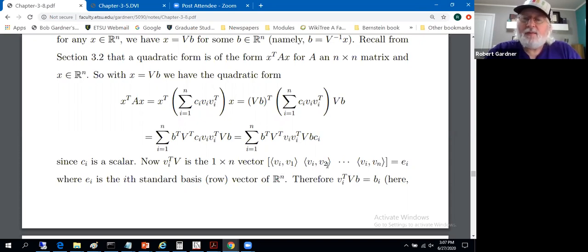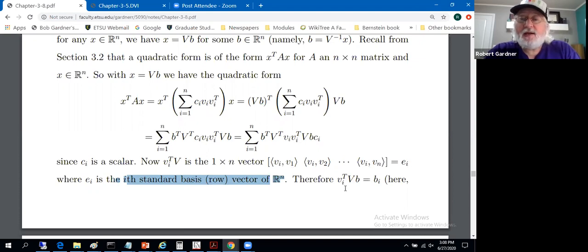So this will be 0, 0, 0, and the ith entry will give out a 1, 0, 0, 0. That'll give you E sub I, where by this, I mean the ith standard basis vector, written as a row vector here just because of the way the manipulations came up. So we're getting E sub I's out of this as row vectors.